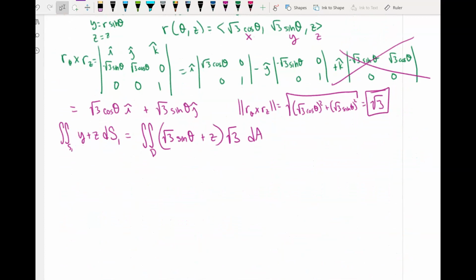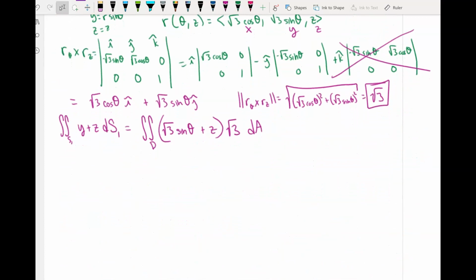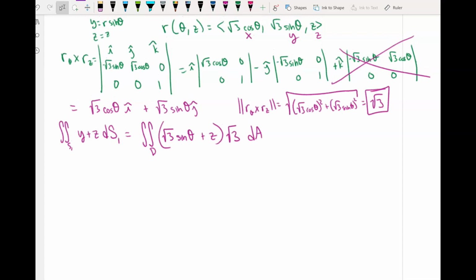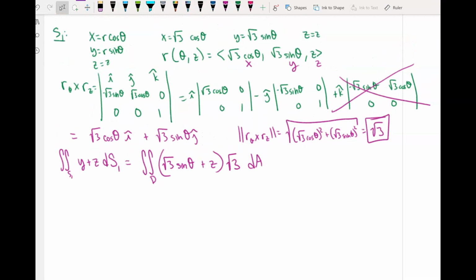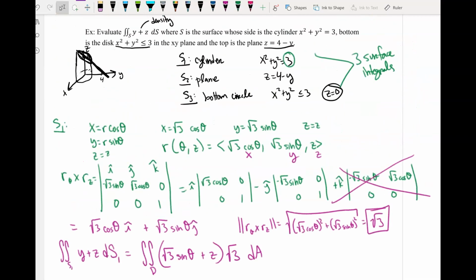All right, so now let's take a look at the actual surface itself, or the region itself. So you can see that the region is going to be the following. So the region in this case is a cylinder, right? x squared plus y squared equals 3.